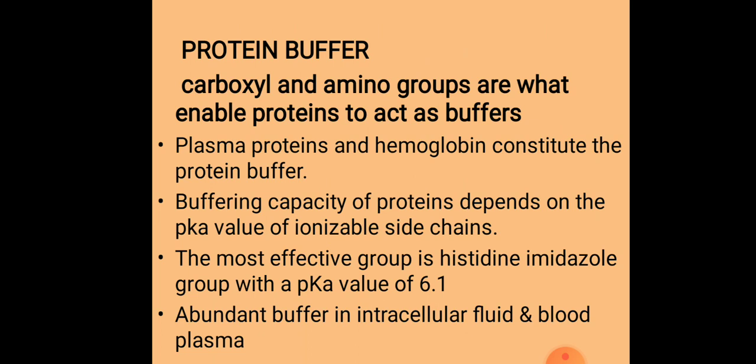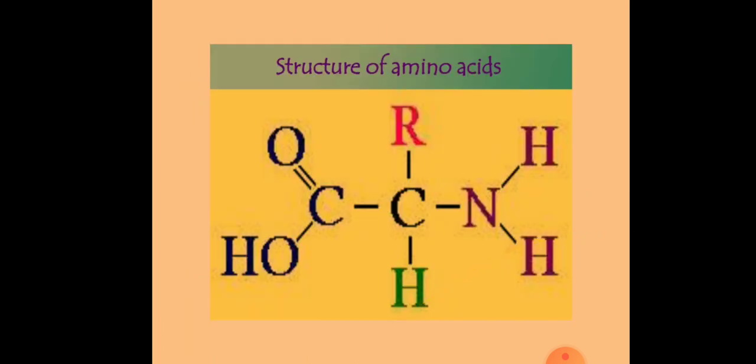The buffering capacity of proteins is dependent on the pKa value of ionizable side chains. The most effective group is the histidine imidazole group with a pKa value of 6.1, and it is an abundant buffer in the intracellular fluid and blood plasma.